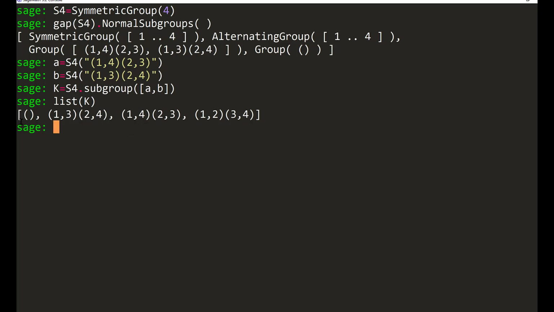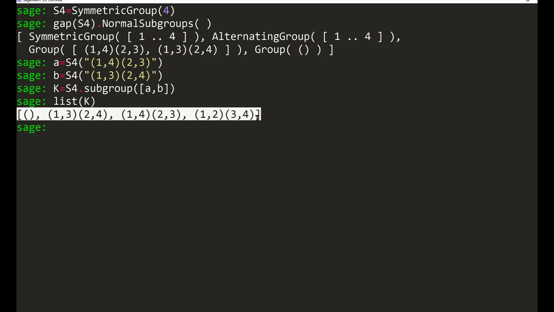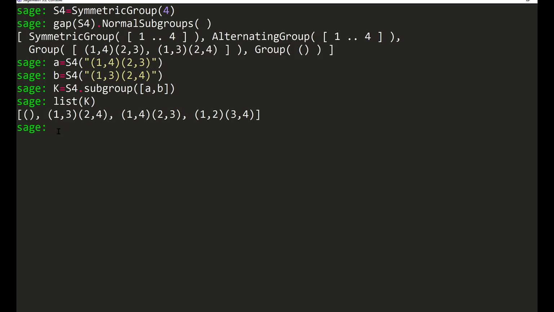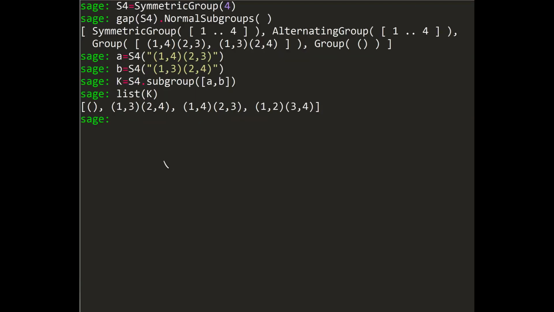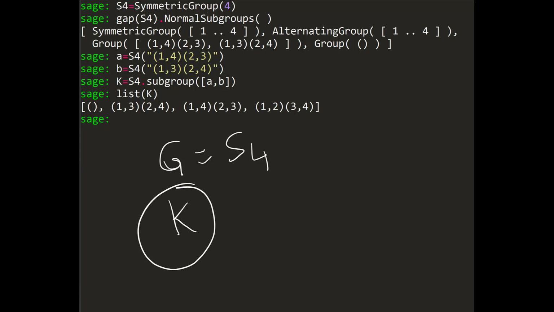So what we got is a normal subgroup of four elements in S4, and S4 has 24 elements. So when we look at the factor group of this, G is S4 here, and K is the Klein group, a subgroup of order 4 in G, because we are looking at the Klein group as a group of permutations.